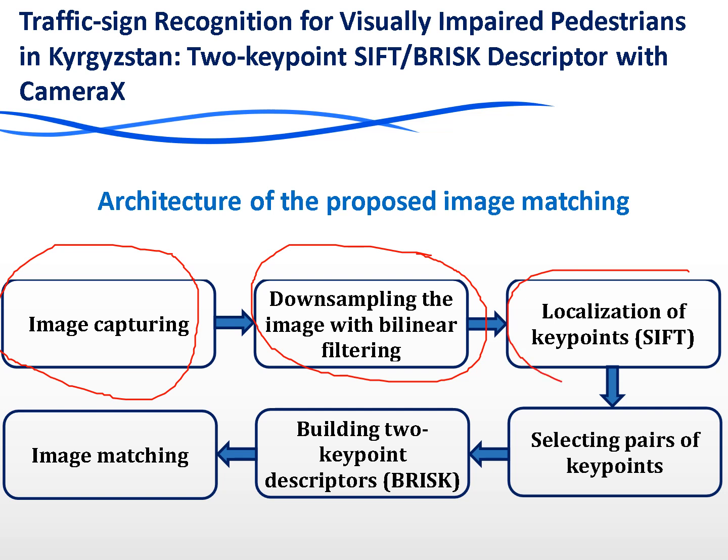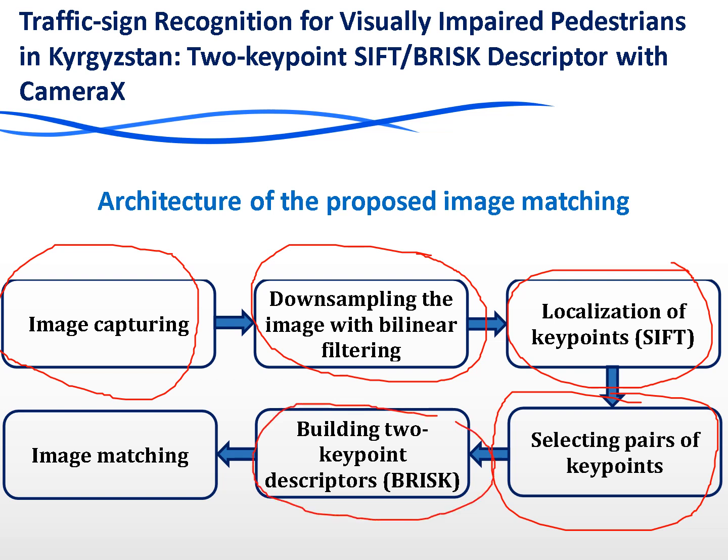Then we find a maximum 400 key points based on SIFT approach. Then we select pairs of key points. Based on these pairs, we build the two keypoint descriptors using BRISK approach, and then based on the Hamming distance, we're trying to find the sample pattern in the image matching stage.